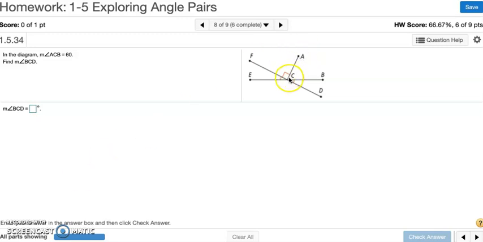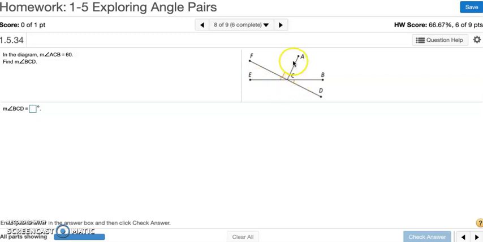ACB is right here. It's looking for the measure of angle BCD. Well, we know by looking at this, these marks mean that these two angles are equal. So if I find the measure of this one, which I can, it will give me the measure of this one.